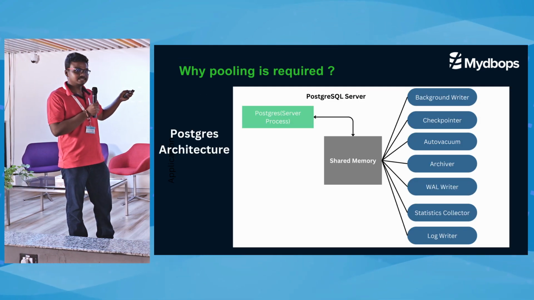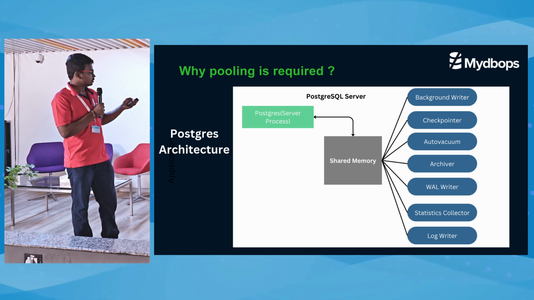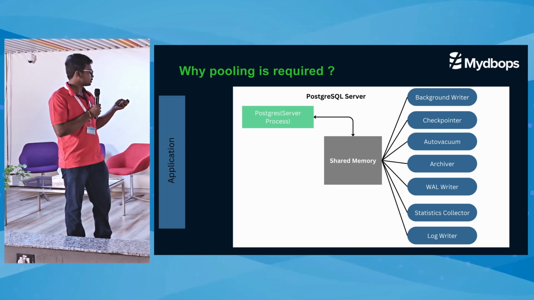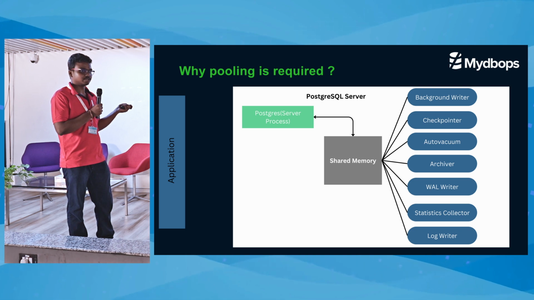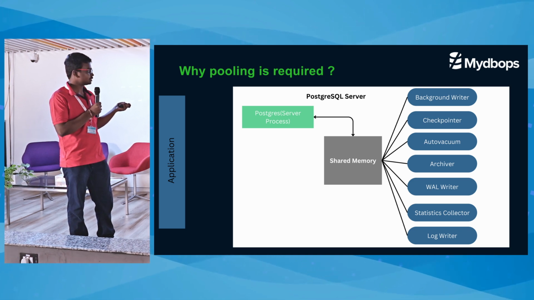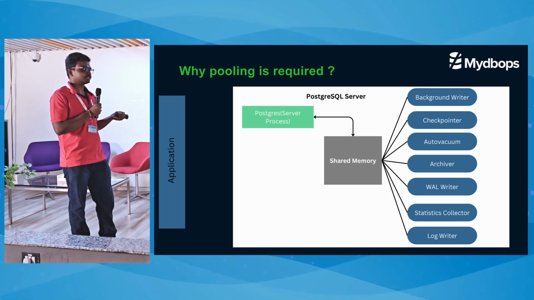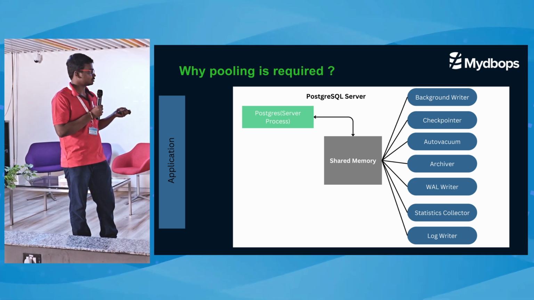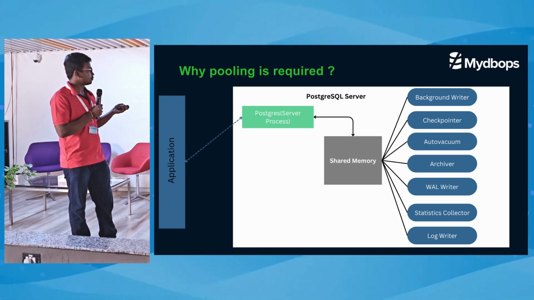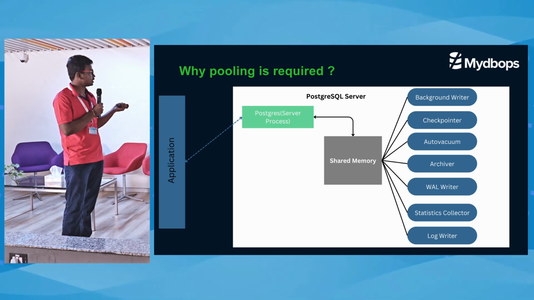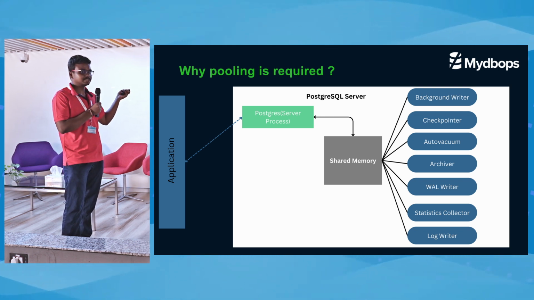So let's consider this is the Postgres architecture. This is the main parent process, that is the PostgreSQL server process, and this is our shared memory. These are all the background processes required for Postgres to be functional. Let's say an application is trying to make a connection to the database. First it will reach the PostgreSQL server process. The server will do the authentication.